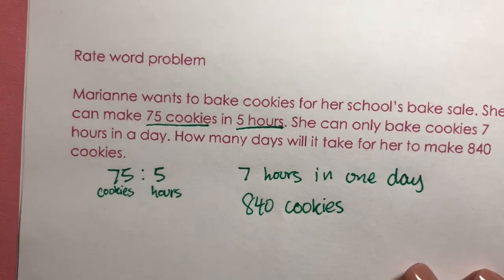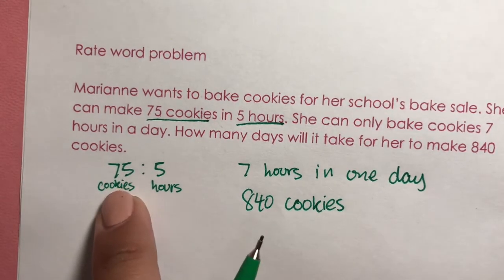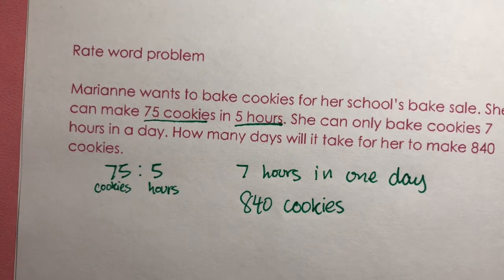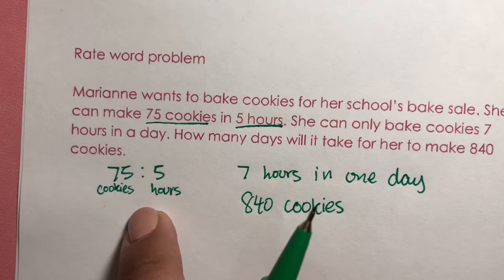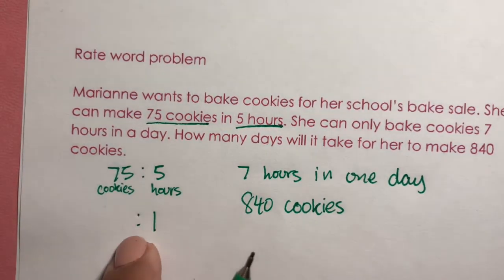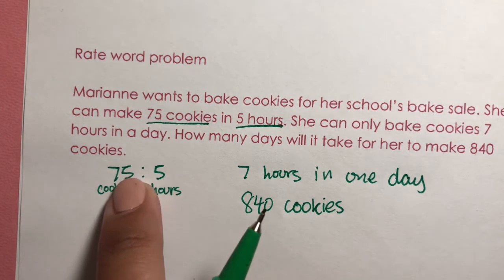I know it's a lot of information, but let's see if we can break this down. We already know she can make 75 cookies in 5 hours, but we need to figure out the rate at which she is baking these cookies, meaning how many cookies she is baking per 1 hour. To figure out rate, all we need to do is divide these numbers.